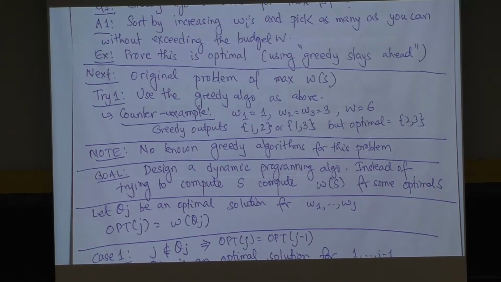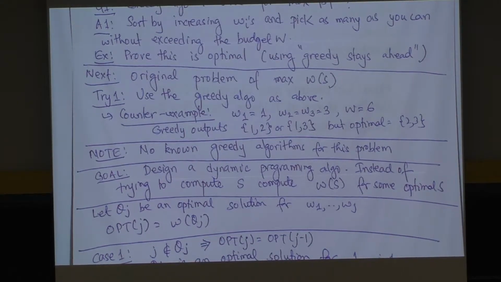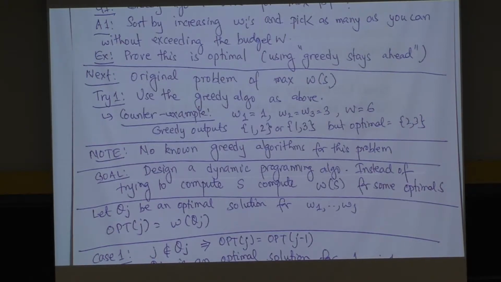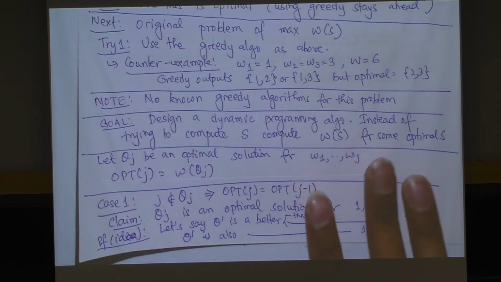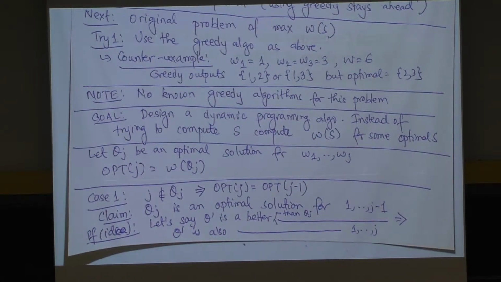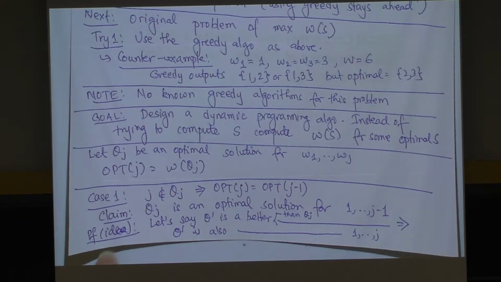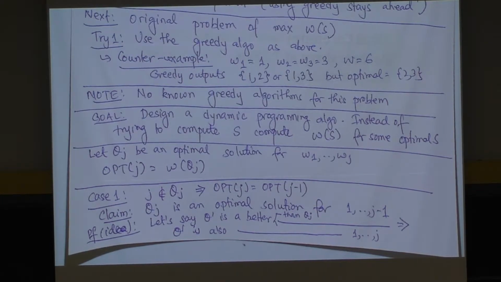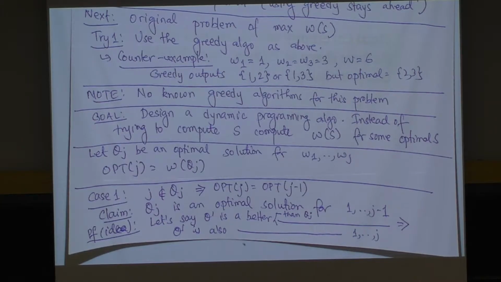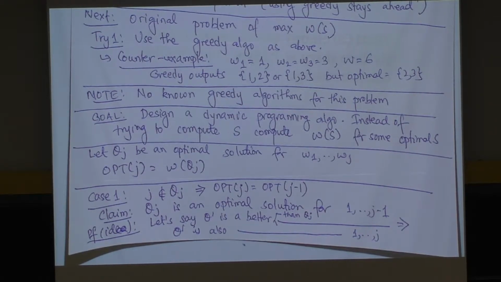Okay, so let me restate the proof idea for the correct version of the subproblem, where you also have the budget of W. We want to argue that if J is not in the optimal solution from 1 to J, then that is also an optimal solution for 1 to J minus 1 with the same budget. That's the part that was not there because we were looking at the wrong thing.